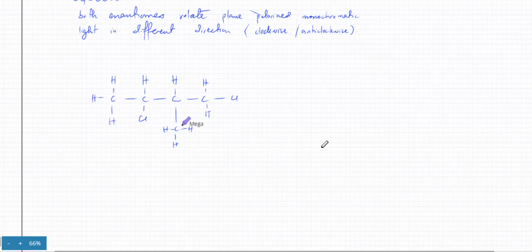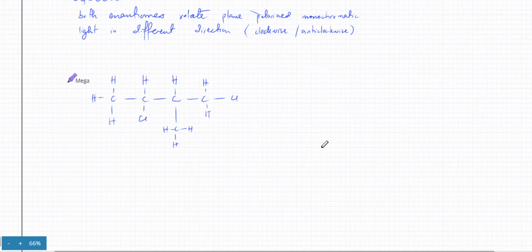So can anyone tell me which one is the chiral center? Are there any carbons that would be existing in two forms? Can you spot any carbon atoms which are chiral, bonded to four different groups?